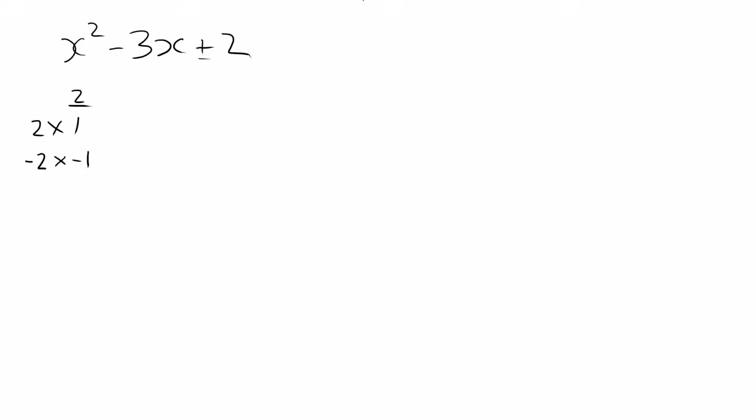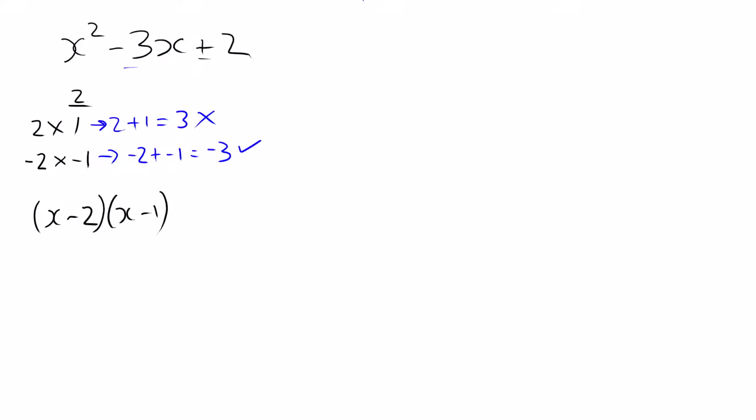Now we've got to find out of these which ones sum together to make negative 3. So 2 plus 1 is 3, so that's not negative 3. Negative 2 plus negative 1 is negative 3. So that is the combination we want. And we can put this into brackets, x minus 2, x minus 1. And again, if we check this, that would expand back out to x squared minus 3x plus 2.